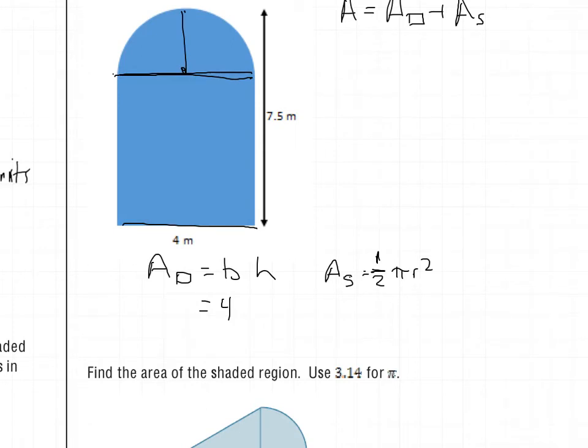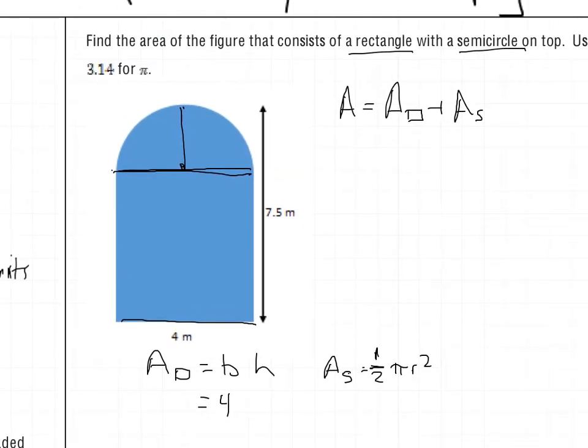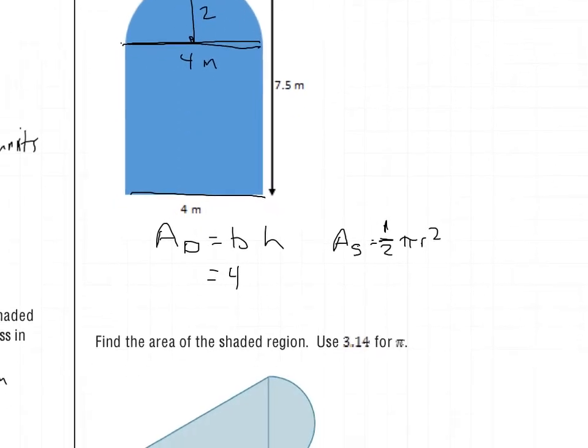Now when we look at this particular circle, we can see that our diameter here would be 4 meters because it's the opposite side of this rectangle, which means that our radius is going to be equal to 2. So for this, we have 1/2 times pi times 2 squared.